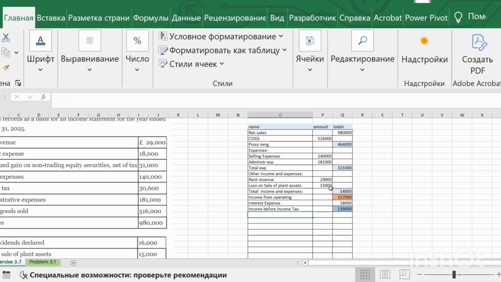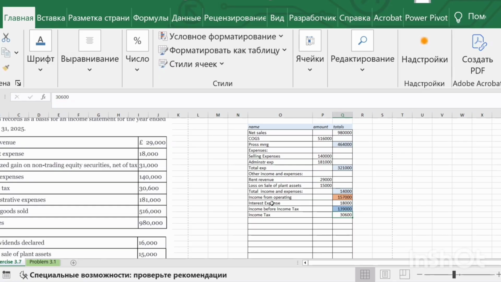So right now we should decrease it by the income tax, which we also have in this exercise. Income tax is 13,600.